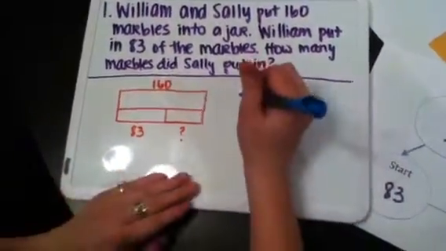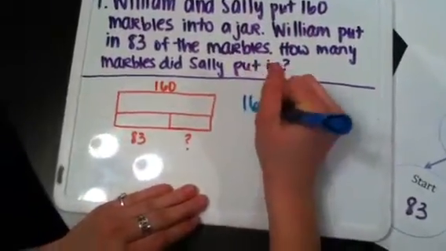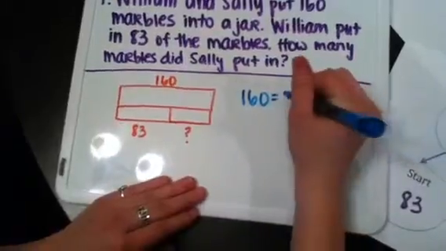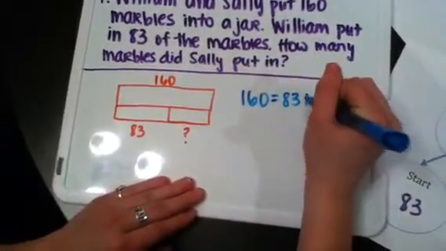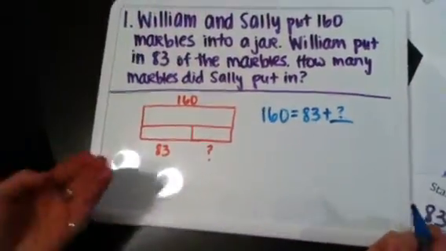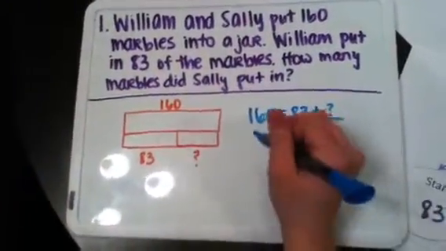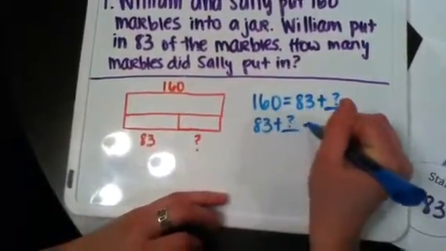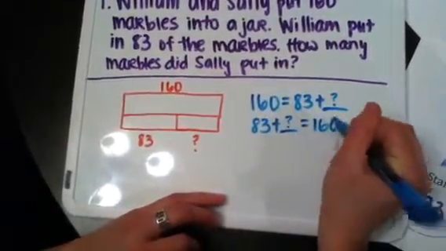So we can start off by looking at 160 equals 83 plus what? This can also be written as 83 plus what equals 160.